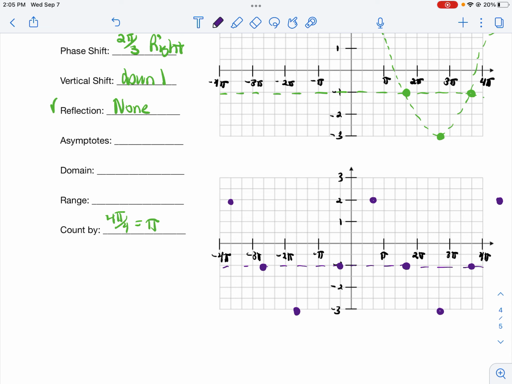Okay, everywhere I'm on that midline, the reason why it's important you draw the midline is I have an asymptote. So I'll put in my asymptotes. Where I'm above the midline, we go up toward our asymptotes.